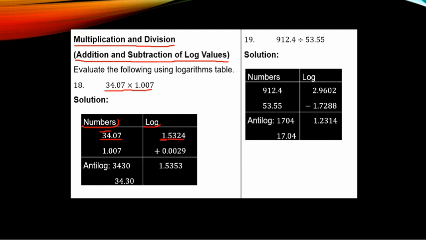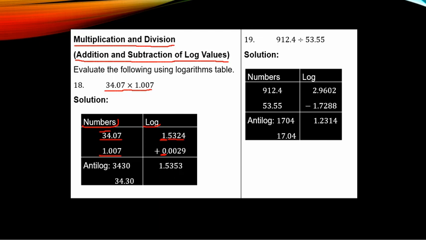Okay, before we look at that, let's also find the logarithm of 1.007. So first we get the characteristic. You have one digit before the decimal point. If you subtract 1 from 1, you have 0 as the characteristic part.